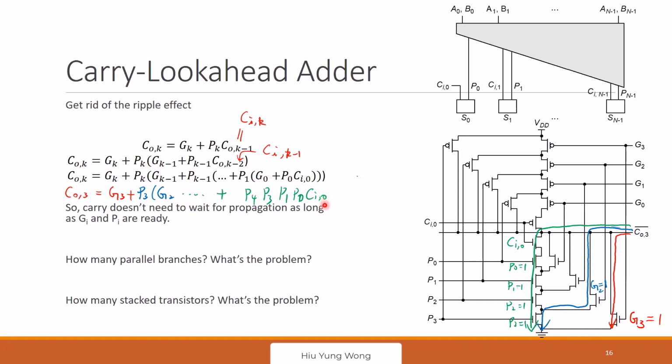Or you have a carry in and the zeroth, first, second and third bits all propagate. Then I have carry out. So this is a way, right? We can compute this whole graph. So there is no ripple carry. I know CL3 right away from the P's and G's.